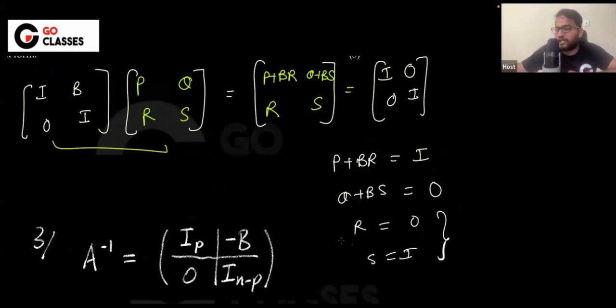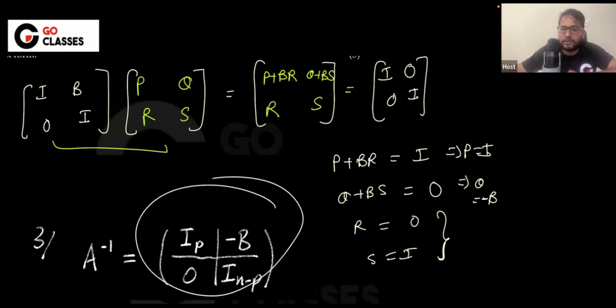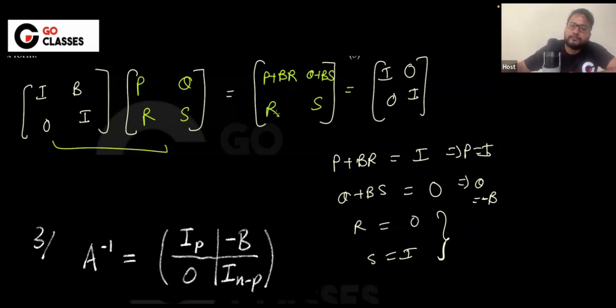So these two are very straightforward. If R is 0 and S is identity, Q is minus B. If R is 0, then P is just identity, right? So PQRS means identity, Q is minus B, R is 0, and S is I, right? So that's how you can find the inverse of this. Very easy question.